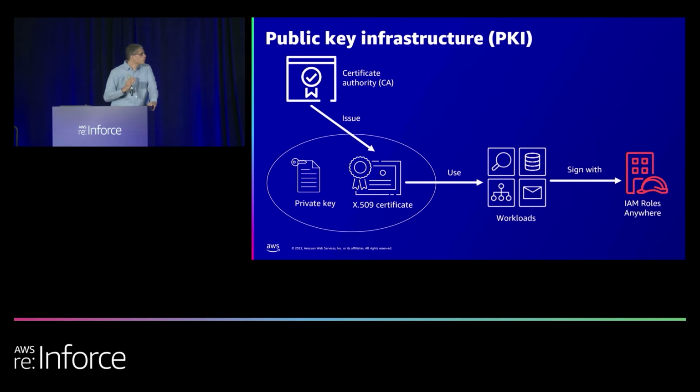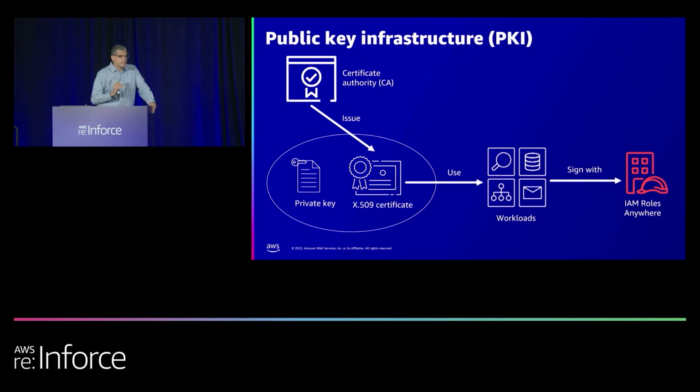And the certificate authorities are entities that are trusted to issue a digital certificate. The CA issues signed digital certificates that affirm the identity of the certificate subject and bind that identity with the public key contained in the certificate.